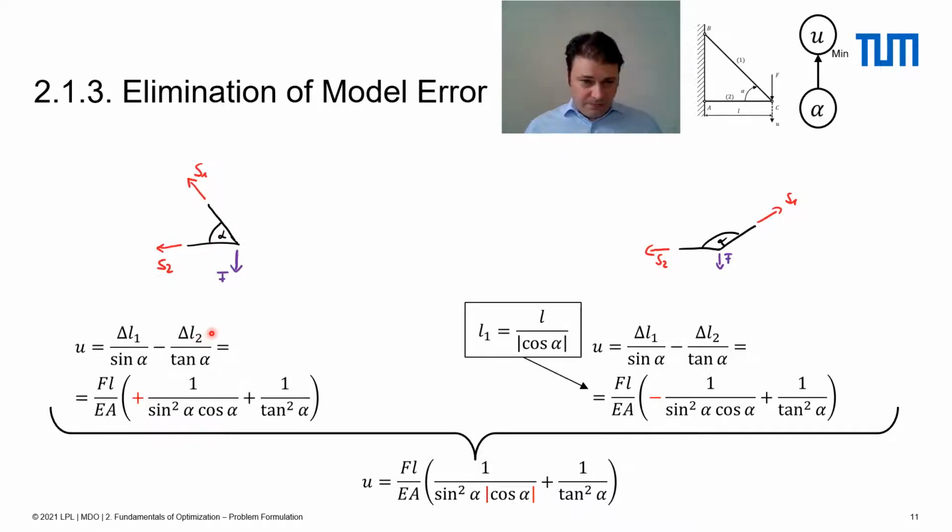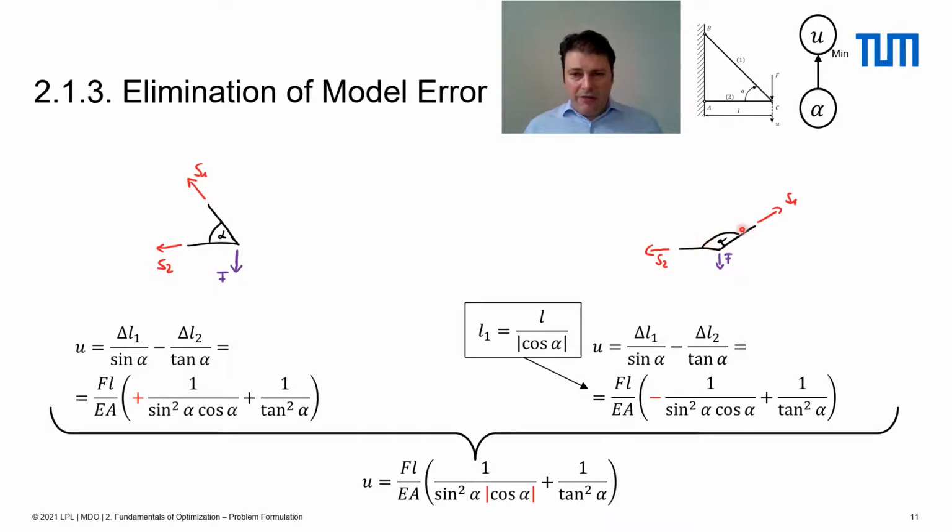And when you do that for an angle less than 90 degrees, the relationship between delta L1 and L is just simply L1 equals L over cosine alpha.